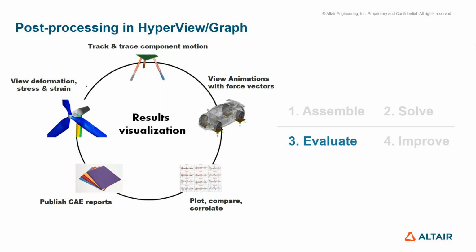Whatever the analysis results, such as deformation, stress plot, strain plot, velocity, acceleration, displacement, you will be able to get from HyperView and HyperGraph. It has animation view, vector force also you can generate, as well as graphs for all the output.